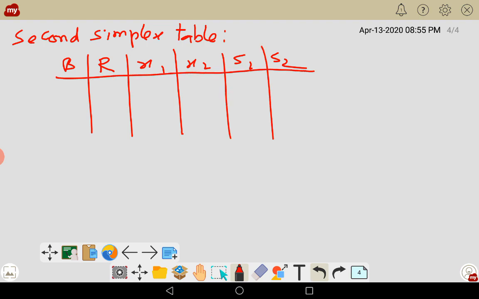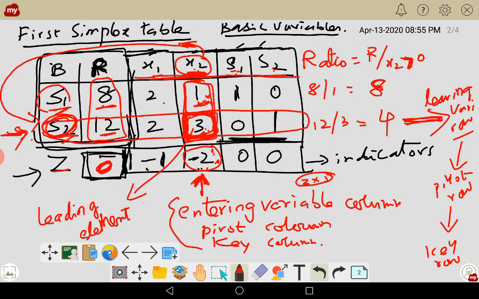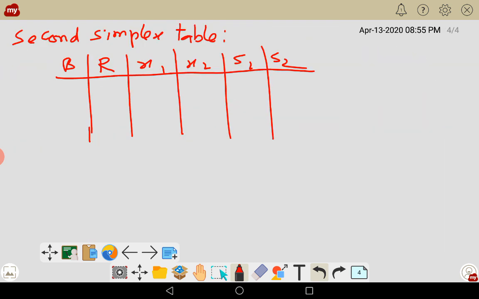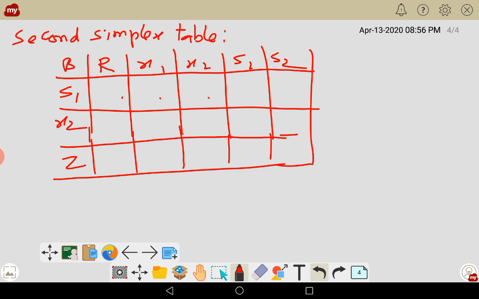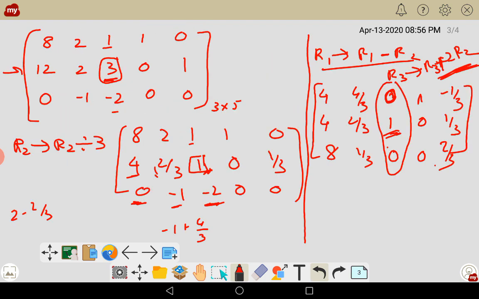Now the basic variables: go back, there were 2 basic variables in the first table, s1, s2. Now s2 will be replaced by x2, isn't it? So come back here, s1, x2. Now this is z downwards, isn't it? Let's fill the final matrix here as it is. No change. So it should be a 3 by 5 matrix, 1, 2, 3. You can check 1, 2, 3, 4, 5. And you can fill the 3 by 5 matrix here.